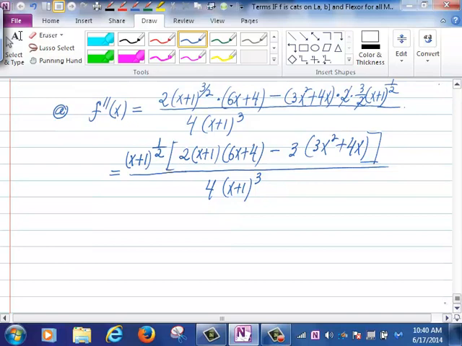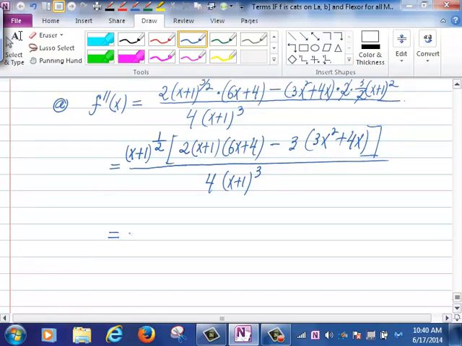Can I combine x plus 1 to the half with x plus 1 cubed in the denominator? What would I get? I would get 4 times x plus 1 to the 3 minus a half, which is what? 5 half.